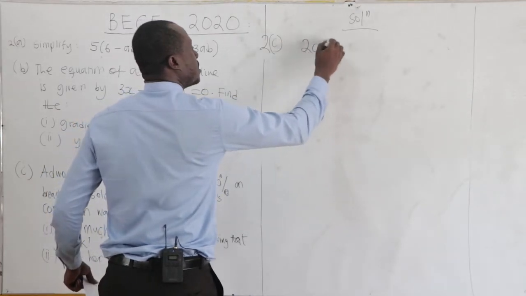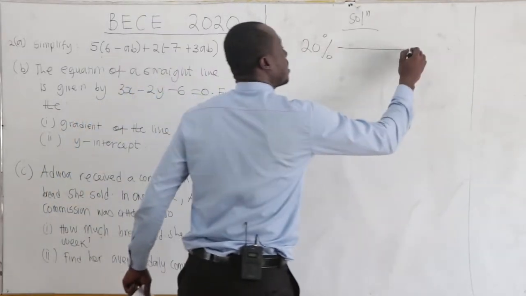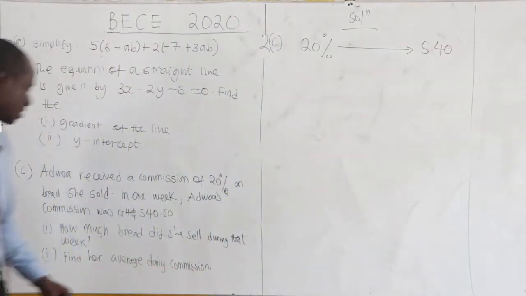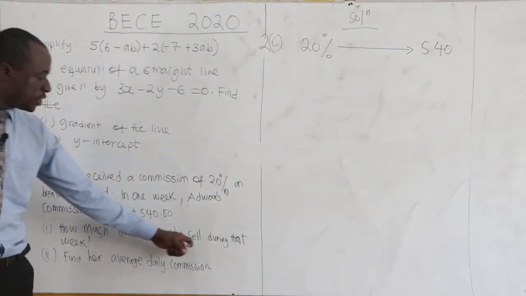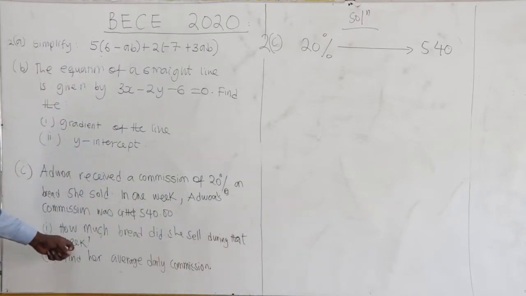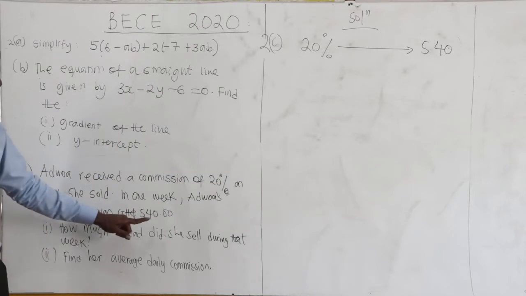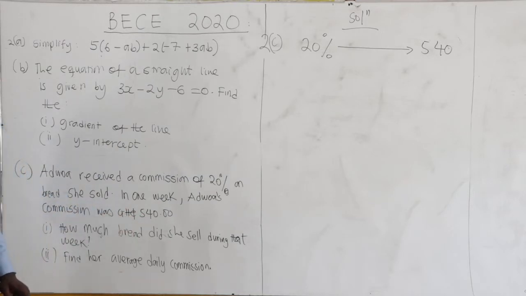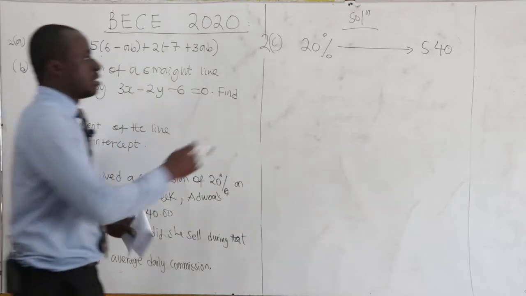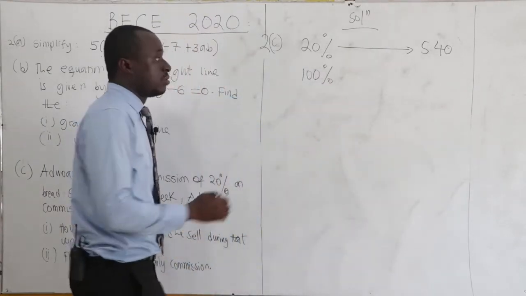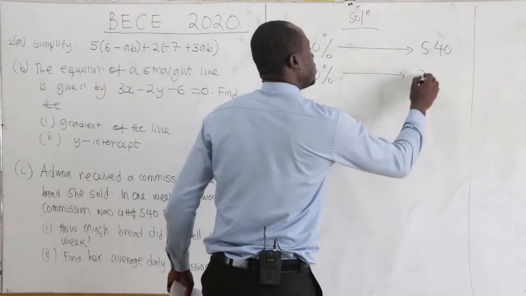So 20%, this is giving us 540. Now, the question says, how much bread did she sell during that week? Now, out of what she sold, 20% was given to her, and that was 540. Hence, the original is 100%. So 100%, that's the amount that she sold, will be, let's say, x.